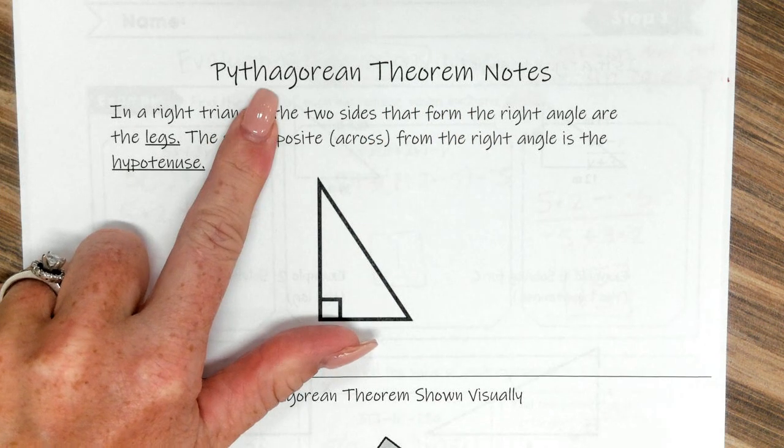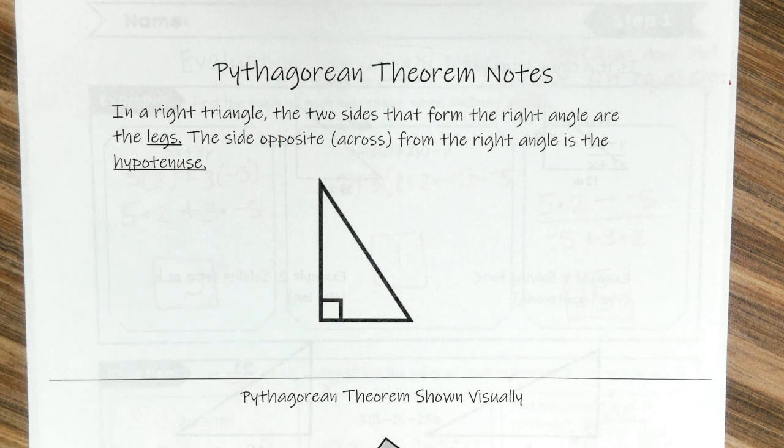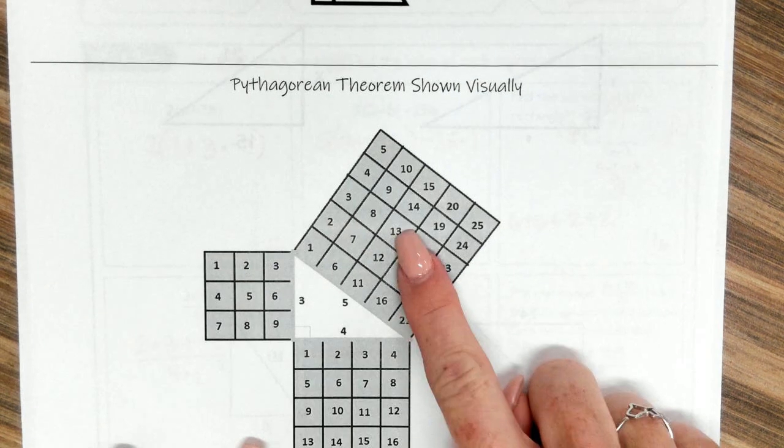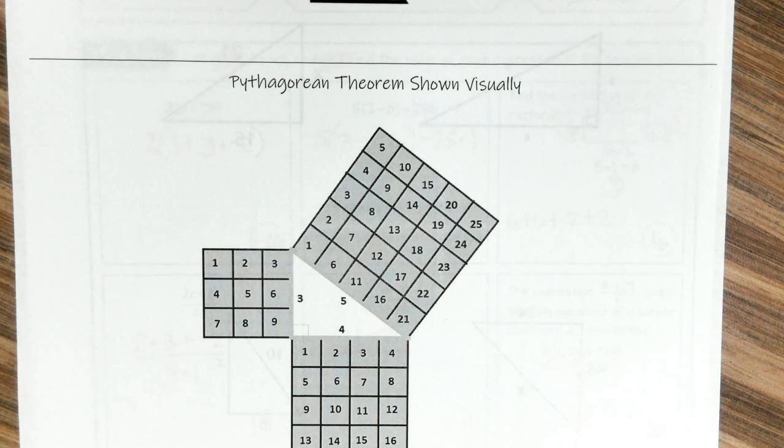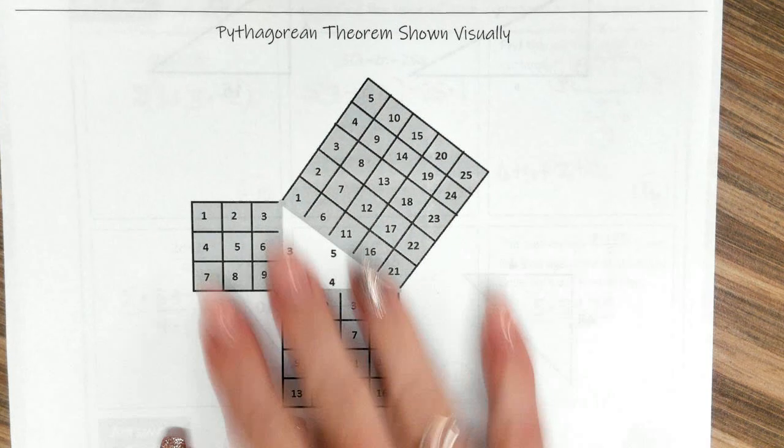Mr. Pythagoras was an ancient Greek mathematician, and he was playing with triangles, and he realized that a lot of times these triangles have these squares attached to them, even if you can't see them. And so there's this picture at the bottom here.